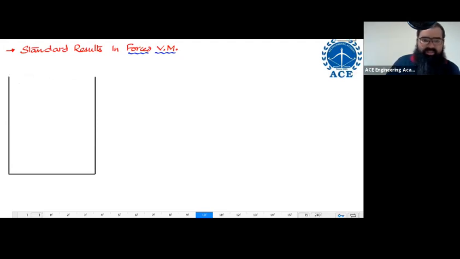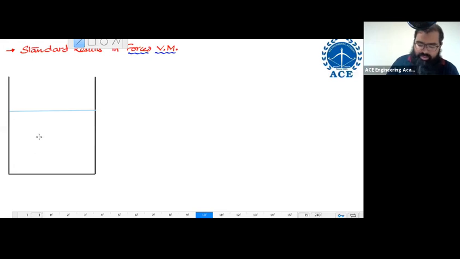In this container, you're having some fluid present. Suppose the level of fluid is something like this, a horizontal level. This is the level of fluid present.